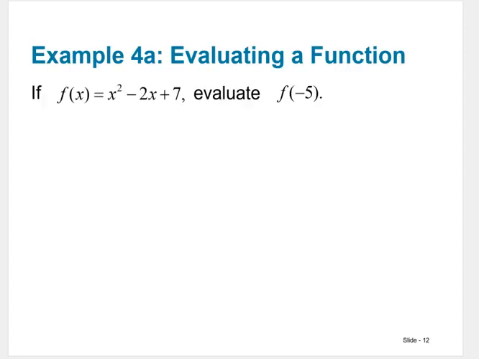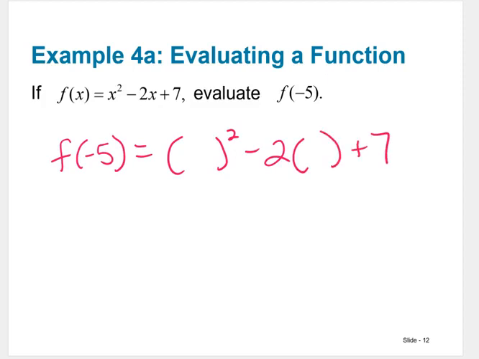So first thing we're going to do with these functions is evaluate them. They give us the function, so f of x equals, so y equals, here's my polynomial. And they want us to evaluate the function at the x value of -5. So if you're doing that, all you're going to do is, everywhere there's an x, I put a set of parentheses, and we are going to plug in the -5, and then just do some order of operations and figure out what the corresponding value is that goes with -5.